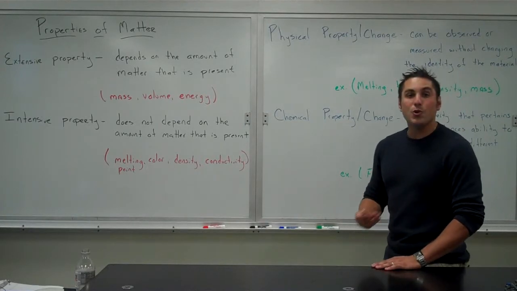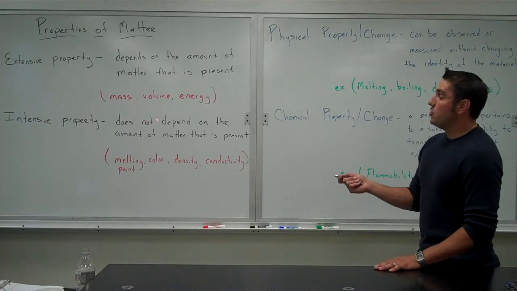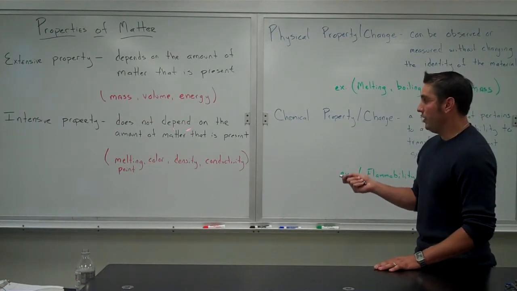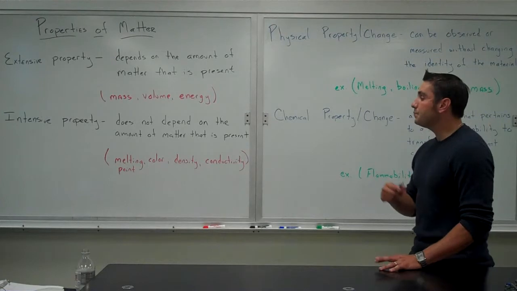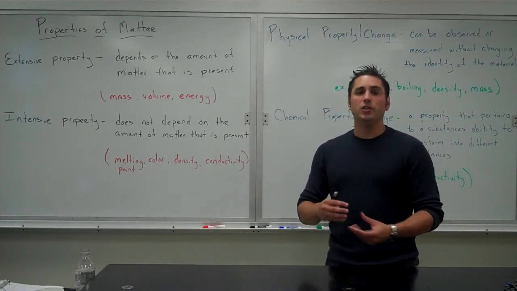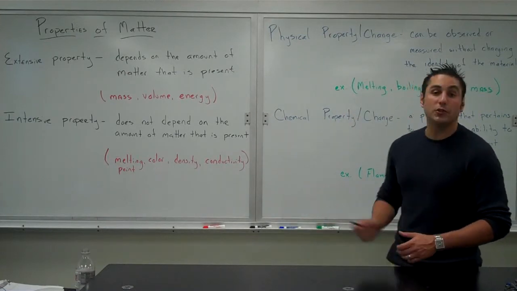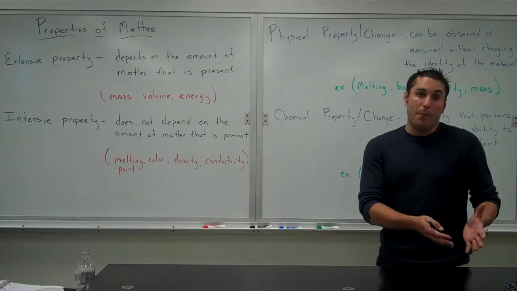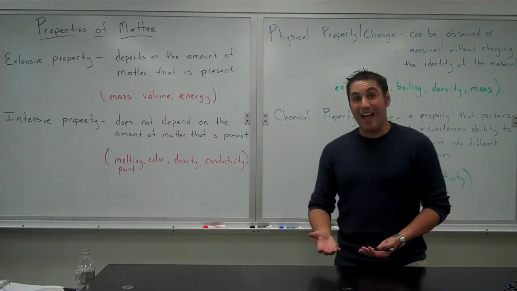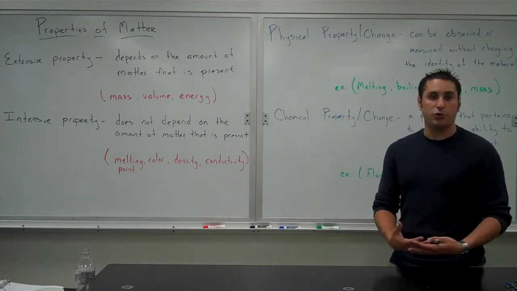On the other hand, you have intensive properties. An intensive property does not depend on the amount of matter that is present. It does not matter if I have a cup of water or a gallon of water for something like its boiling point. If you boil a pot of water or a glass of water, they will both boil at 100 degrees Celsius or 212 Fahrenheit.